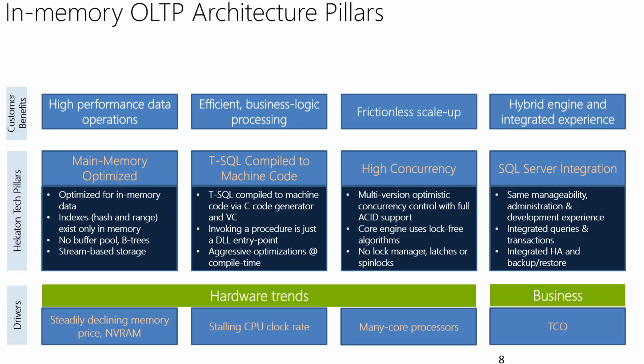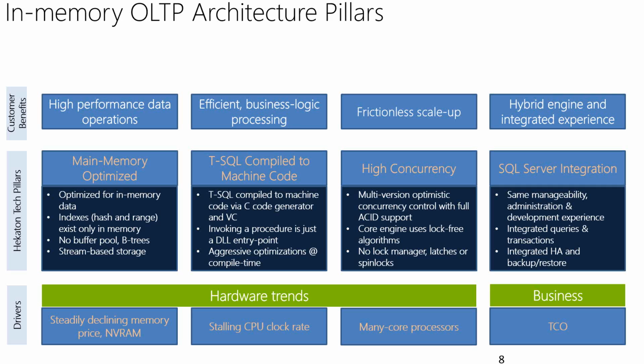So about the way this slide is laid out in pillars. We have customer benefits across the top. So you want high-performance data operations, efficient business logic processing, frictionless scale-up, and a hybrid engine and experience. On the bottom, we have the hardware trends and business drivers that this is recognizing.